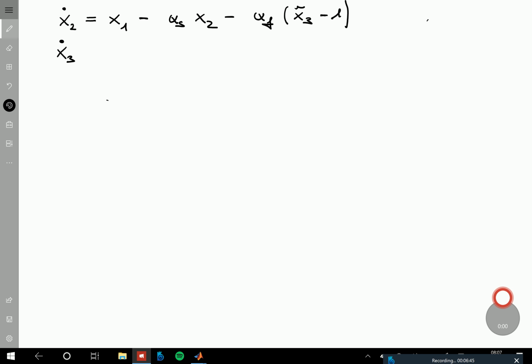The rate of change of x3 is given by x2 divided by x3, and this is again vasodilatation and blood flow.